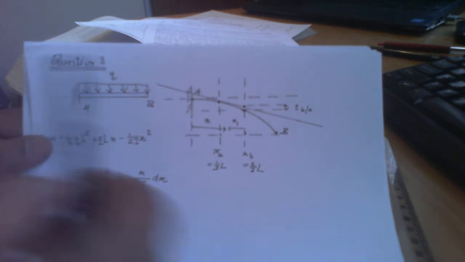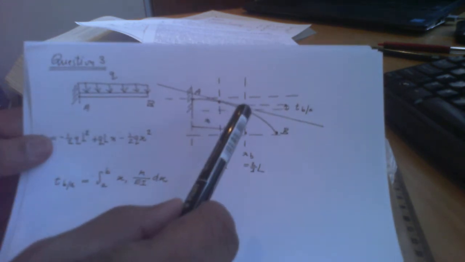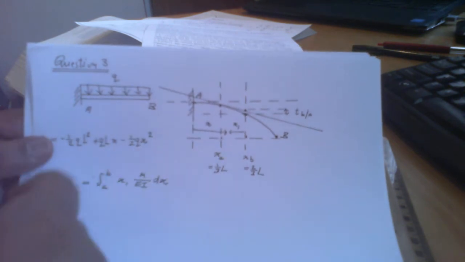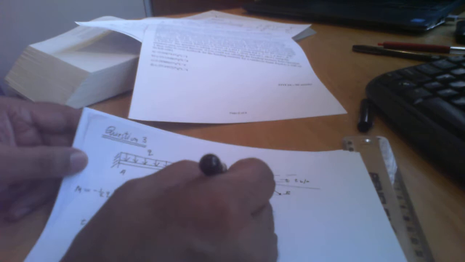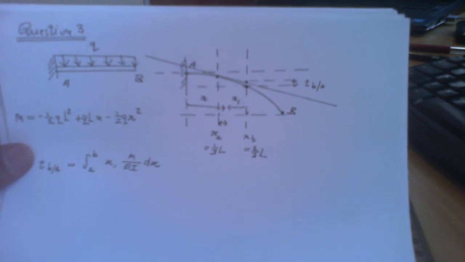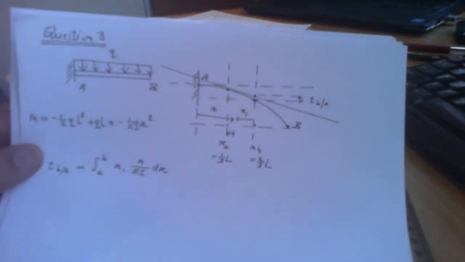Looking at that, we can take the distance from 0 to x. We can subtract the point xa. That will give us this little distance, x1 in double arrows.